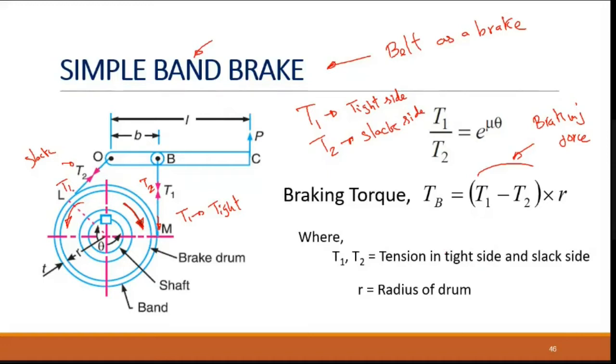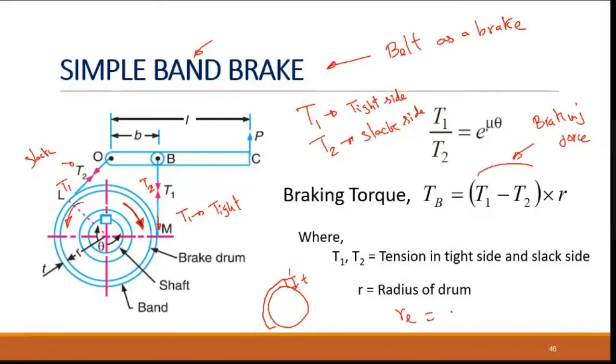Sometimes your belt will be very thick. For example, this is my drum and my belt is very thick like this. Let me consider the thickness of the belt as t. In that case, your R becomes Re.